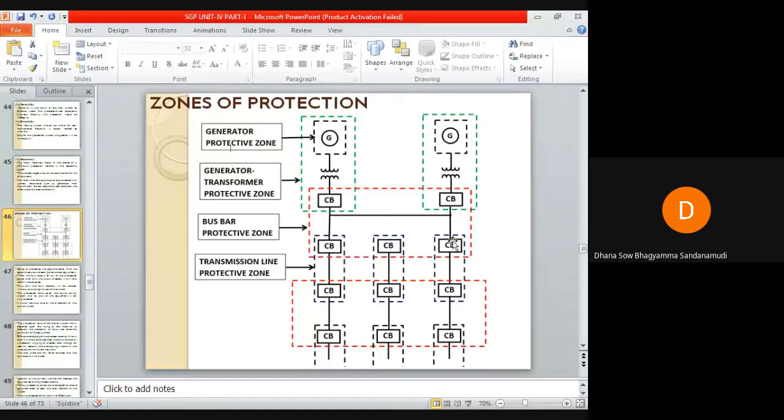Because more circuit breakers are there, this particular circuit breaker is actually used to protect the transformer and the generator, but it is also in the busbar protection zone.